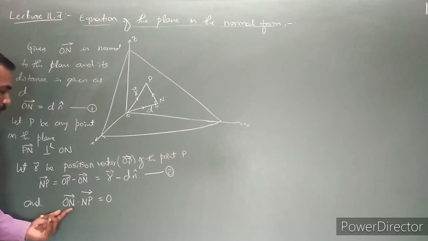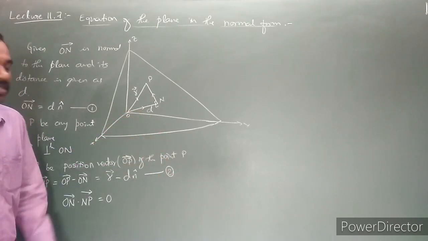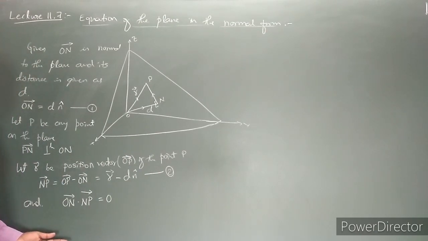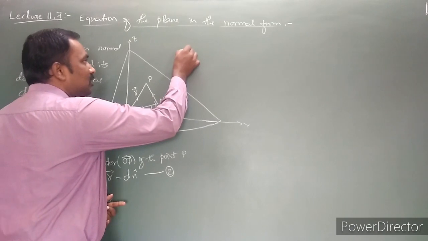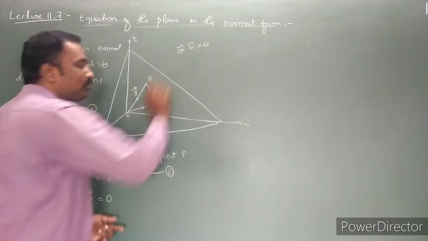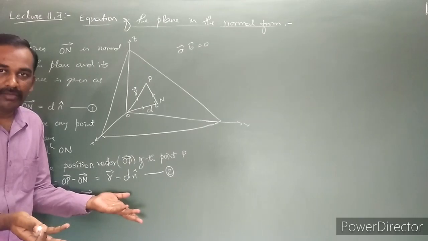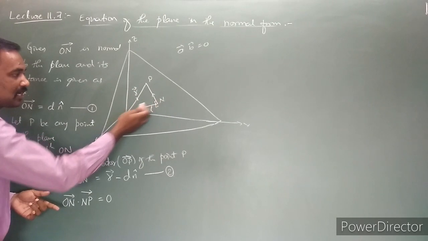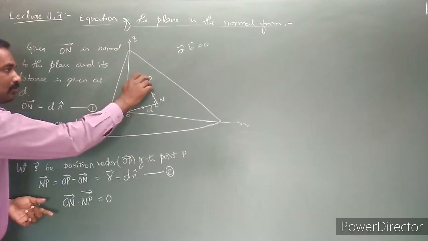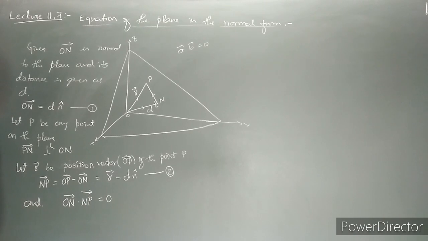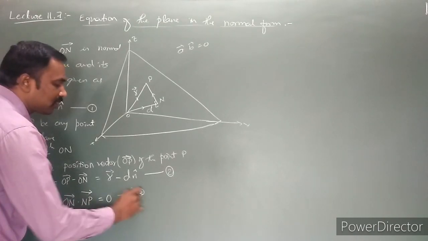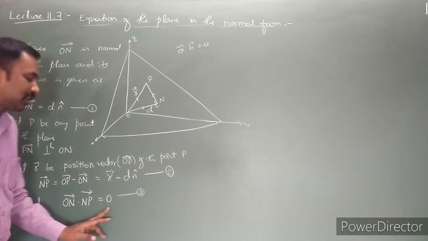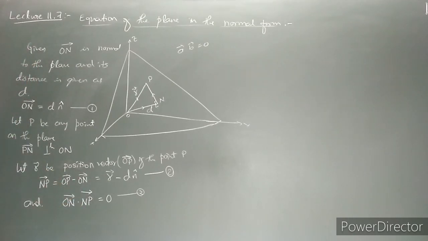Why is the dot product of ON and NP 0? Because they are mutually perpendicular to each other. If the dot product of two vectors A and B is equal to 0, then A and B are mutually perpendicular. We already know PN is perpendicular to ON, so the dot product of ON and NP is equal to 0. Call this equation number 3.